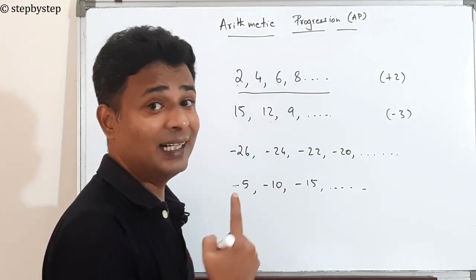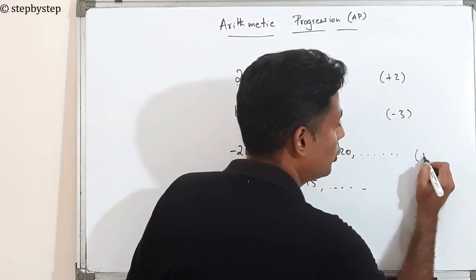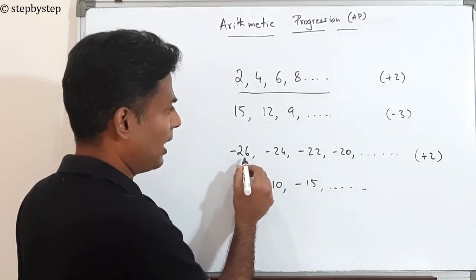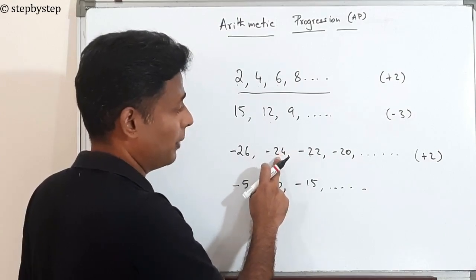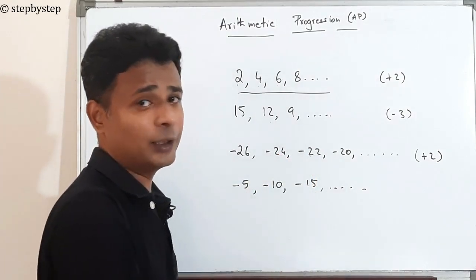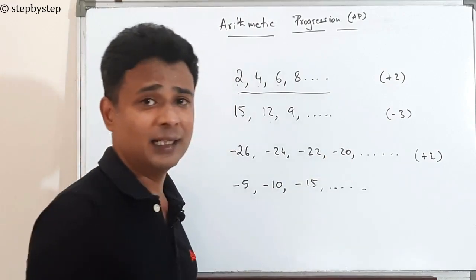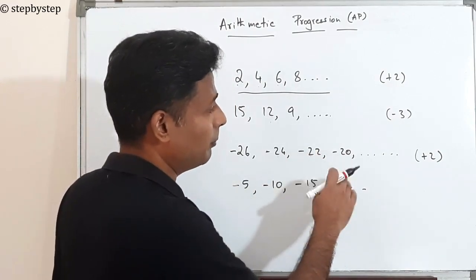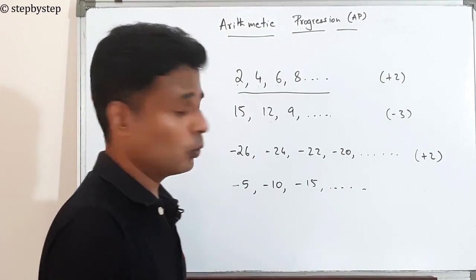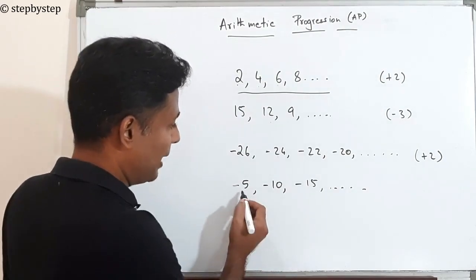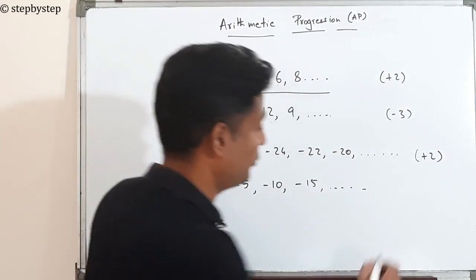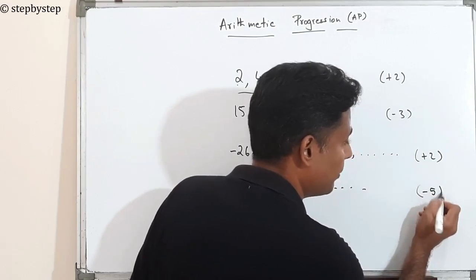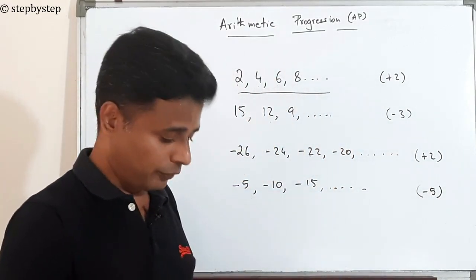It is increasing by 2, which means whenever I am adding plus 2, minus 26 plus 2, minus 24, minus 24 plus 2, minus 22, minus 22 plus 2, minus 20. So each number is increasing by 2. What about this? Minus 5, minus 10, minus 15. So it is decreasing by 5.